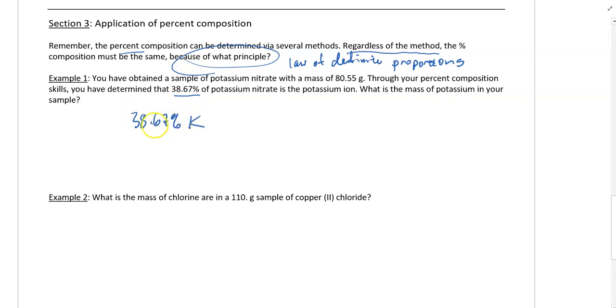But then 38.67% of that is the potassium ion. You can add a little plus there just to remind yourself that it is the ion. And it's going to be equal to the total mass on the bottom, which is going to be 80.55 grams of this compound. Since we know the formula ends up being KNO3, I can do that.